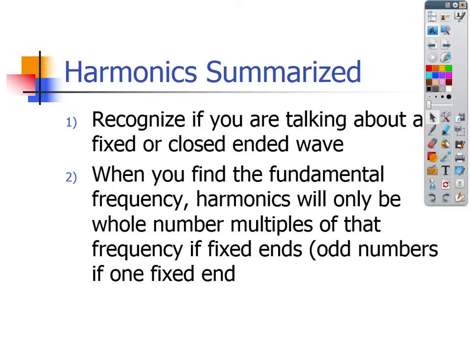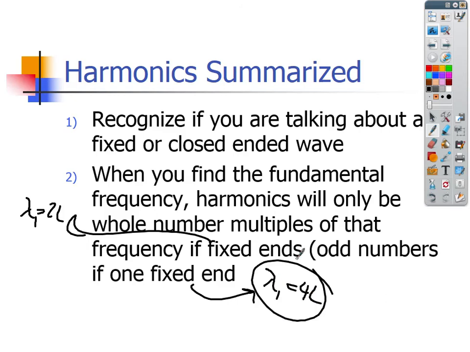And then all the harmonics will either be whole number multiples if it's fixed, or odd number multiples if only one side is fixed. And for fixed, we use wavelength equals 2L for the fundamental. For the one fixed end, wavelength equals 4L. Those are going to be very popular things to try to remember.